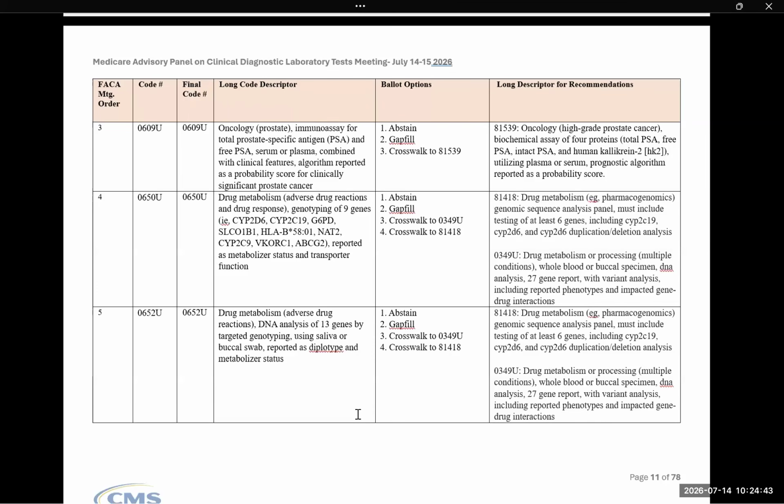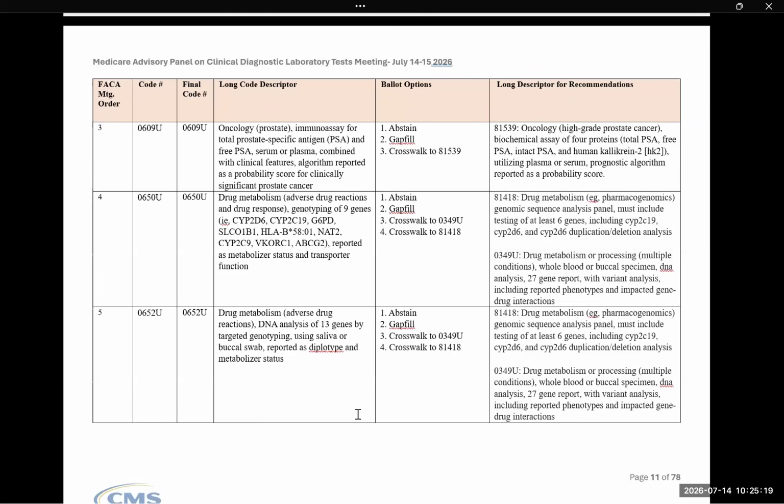This one has the same targeted multi-gene pharmacogenomics genotyping methodology as 0650U with 13 genes, and we recommend crosswalking to 81418 category 1 pharmacogenomics panel that has 6 genes and is size appropriate and keeps pricing consistent with 0650U.